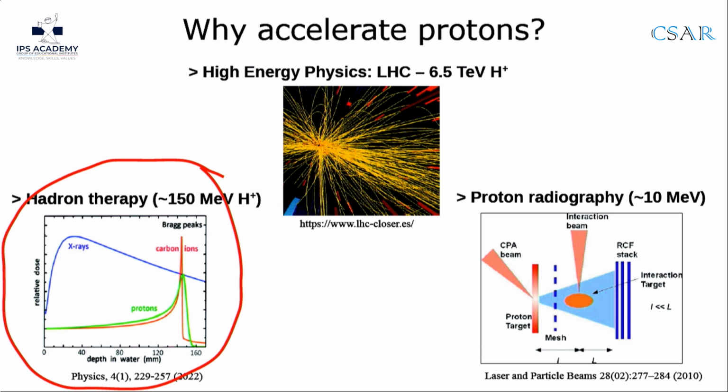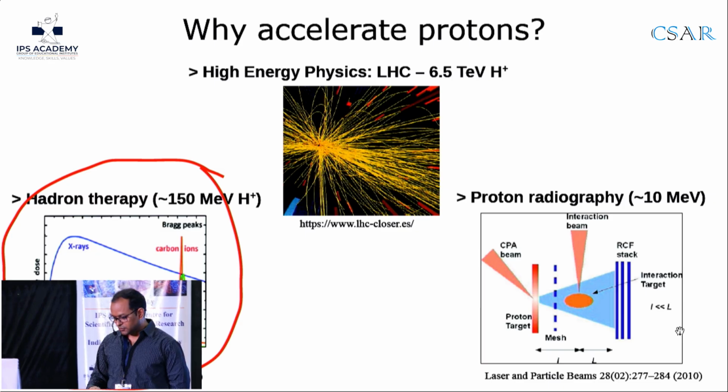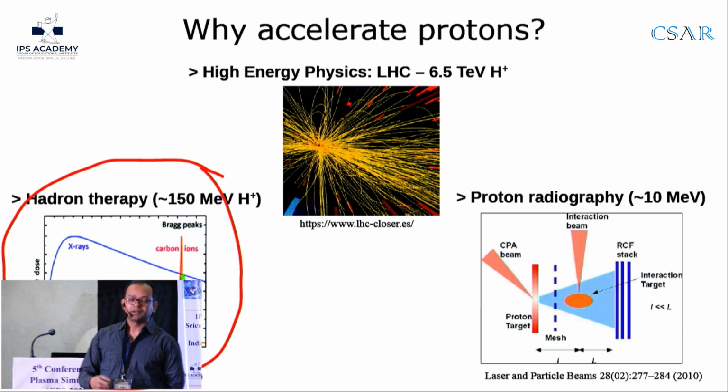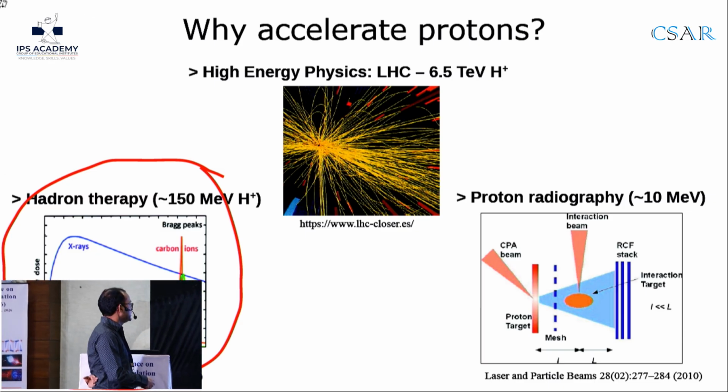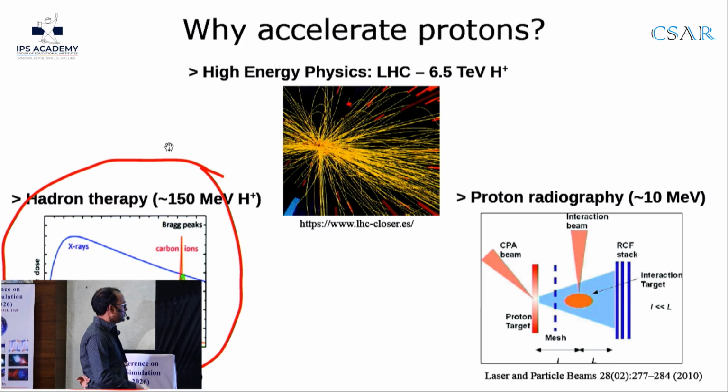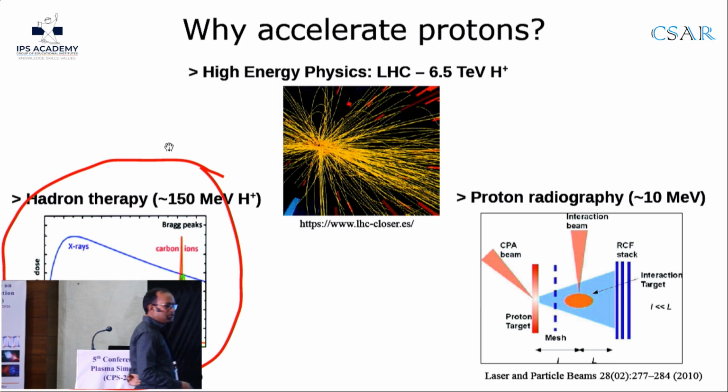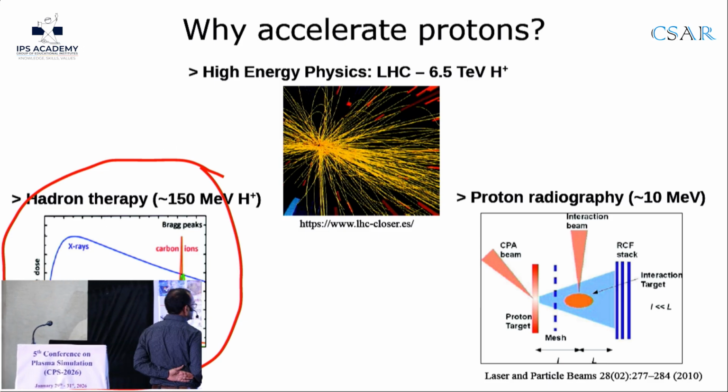Then there are other applications in the intermediate or lower energy regime, where we need protons of energy 150 MeV for hadron therapy, proton-based cancer therapy, and low energy protons for imaging. Our work is mostly focused on the regime where we want protons to have energies of the order of 150 to 200 MeV.